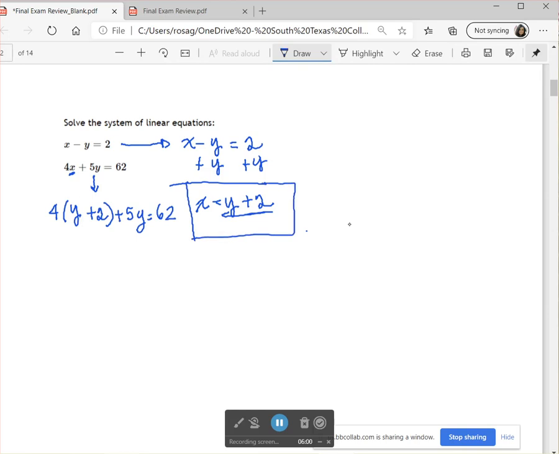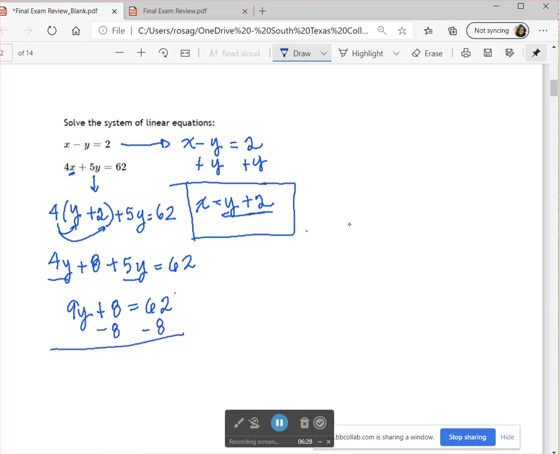And now it's only one letter, so we are going to solve for Y. So it will be 4Y plus 8 plus 5Y equals 62. I can combine the Y's, and I get 9Y. And then I'm going to solve for Y. So it's a linear equation. I'm just going to move the 8 to the other side.